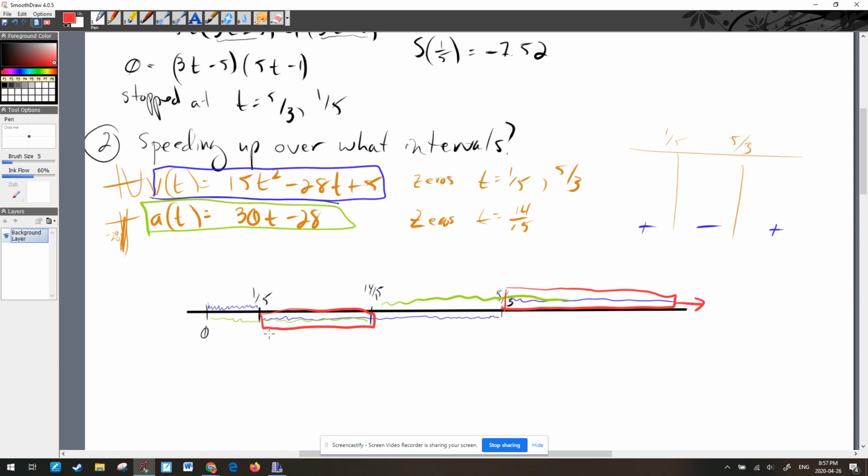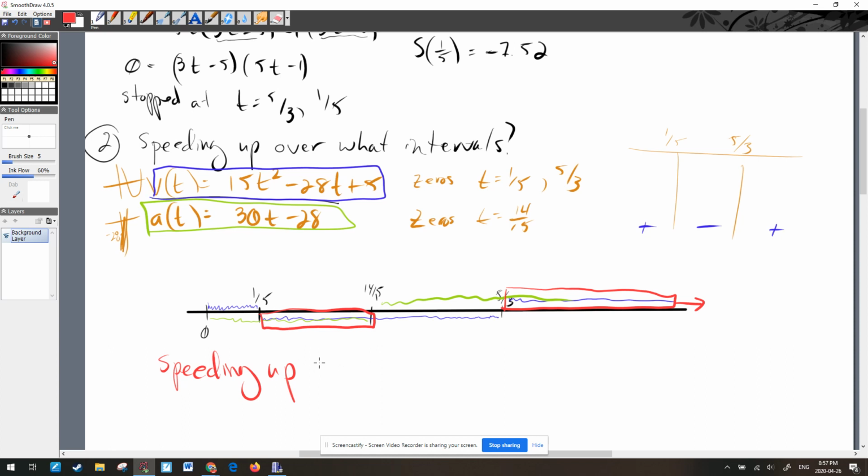Okay, so speeding up over what intervals? I know that we talked about the idea that some of them are going to be square brackets and round brackets. We're going to simplify our lives. I know that a lot of places don't chase that. So it's going to be speeding up over the intervals.